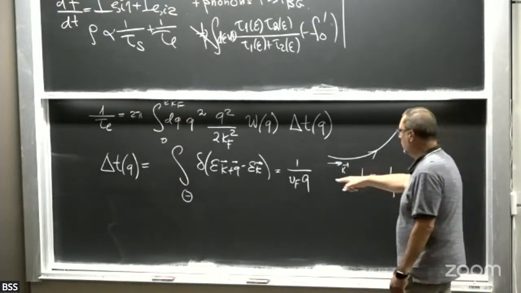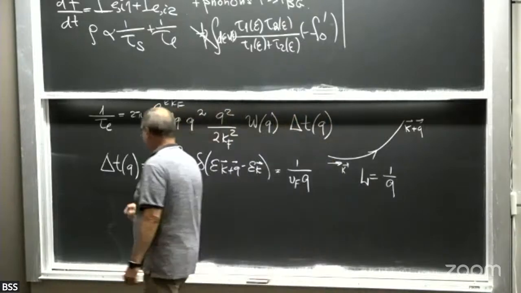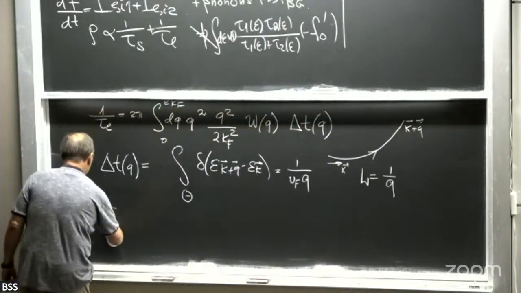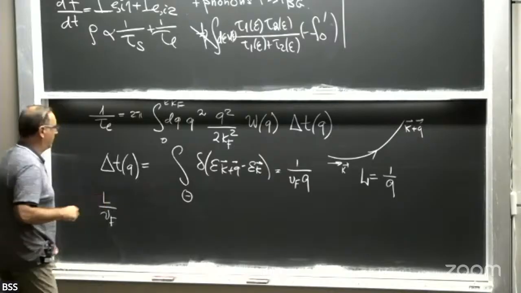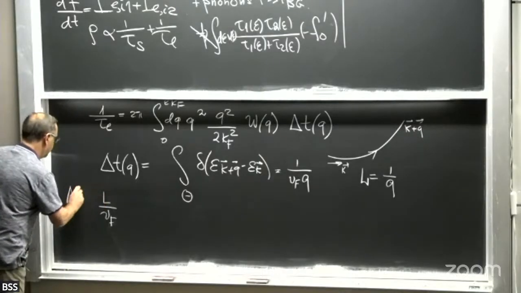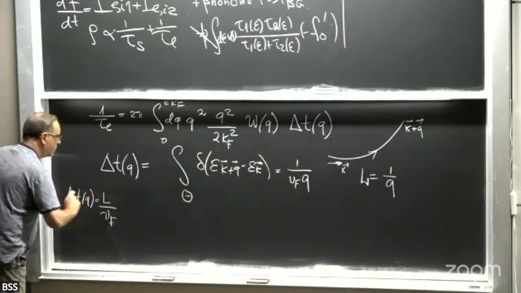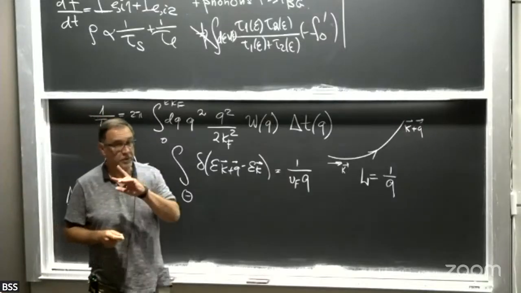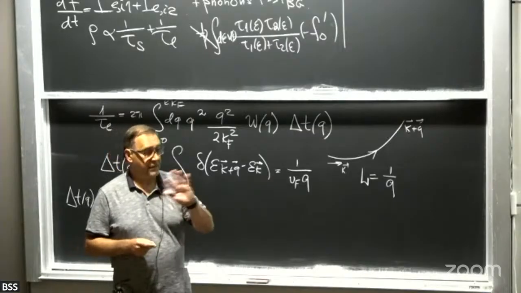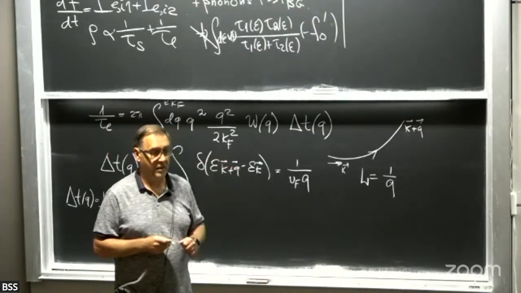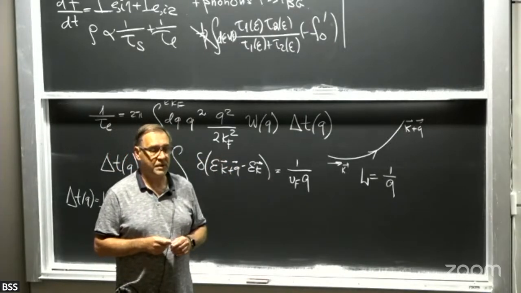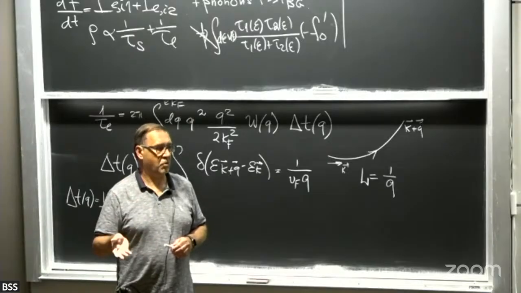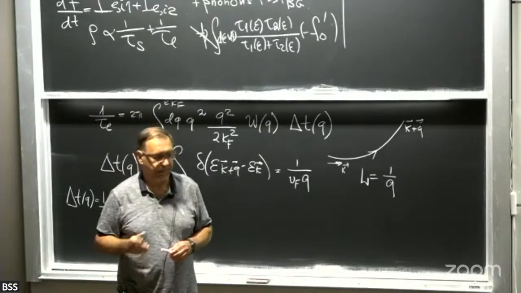But then 1 over v_F q is the length divided by the Fermi velocity. So this is the time which it took an electron to change its momentum. It's not mean-free time. It's not time that we measure, at least in this type of measurements, but it's the time which it takes electrons to go from one state to another state.